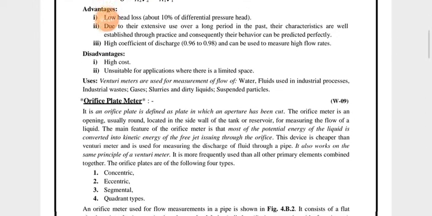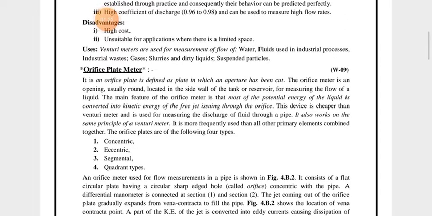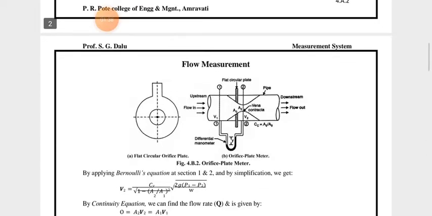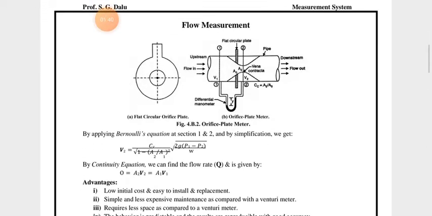Then the next device we have studied, that is orifice plate or orifice plate meter. Okay, so there are four types of orifice plate meter, that is concentric, eccentric, segmental, and quadrant type. Out of that, one type of orifice plate we have studied, that is circular orifice plate.